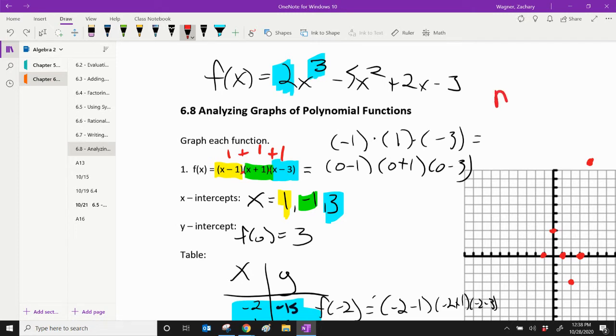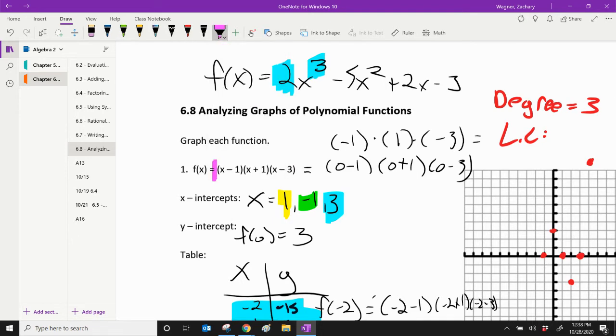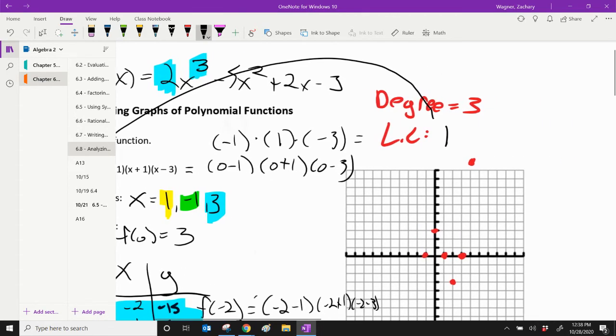So my degree is 3. My lead coefficient, it's always, always, always, I'm going to highlight this for you in purple, is the value in factored form that's right there. This is your lead coefficient, which when it's not there, is just 1, a positive number.